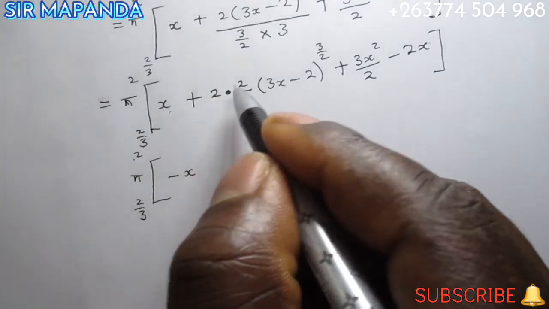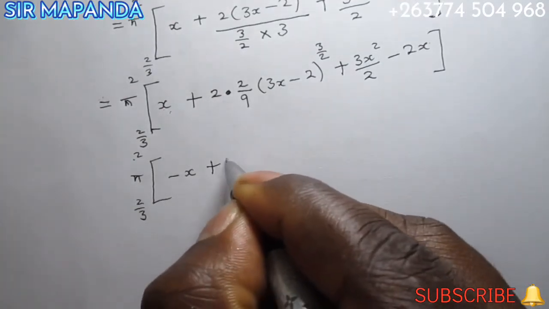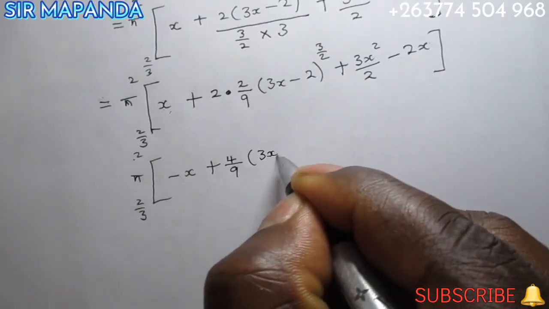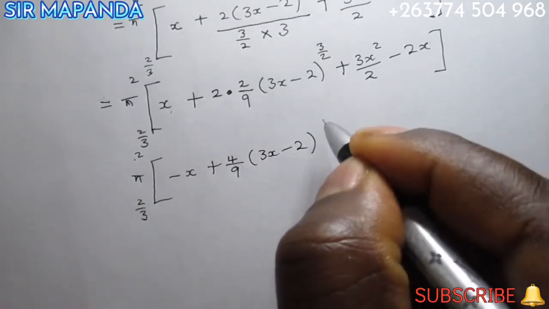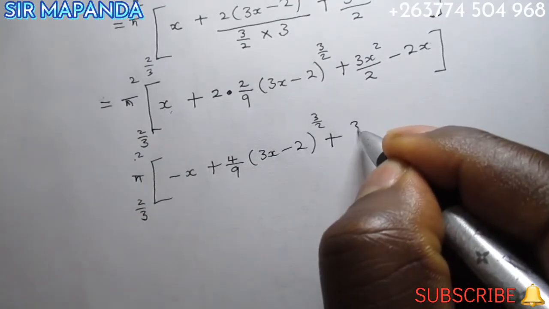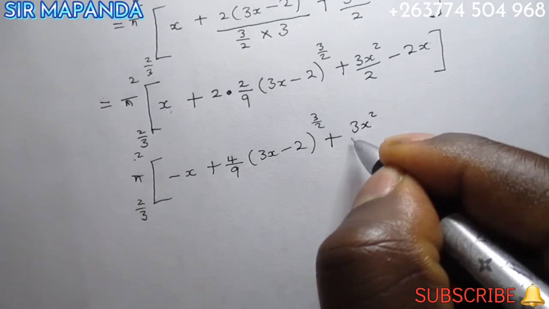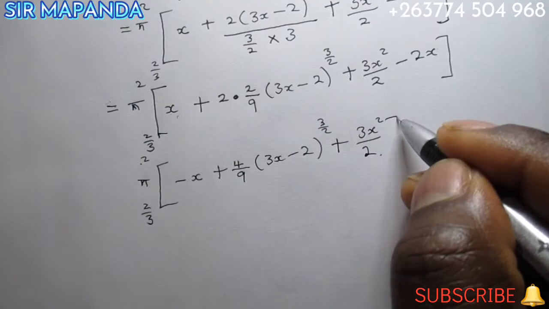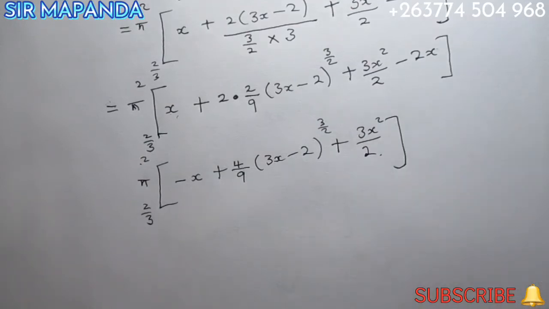Then 2 times 2 over 9, you get 4 over 9. Then you write 3x minus 2 to the power of 3 over 2 plus 3x squared over 2. Then you close your bracket. I hope you are following.